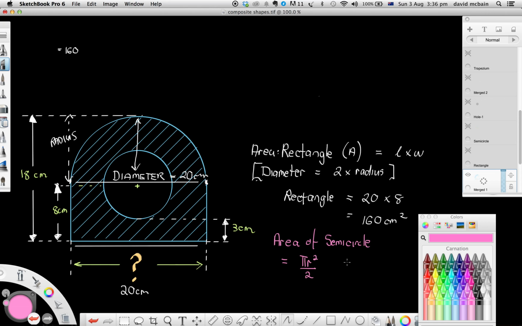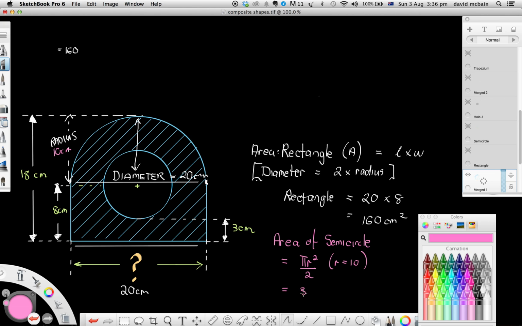Now we need to know what the radius of that semicircle is. Well, we worked that out just a moment ago. The radius is from the centre to the outside, that distance there, which is the same as that distance there, which was 10 centimetres. So r equals 10.